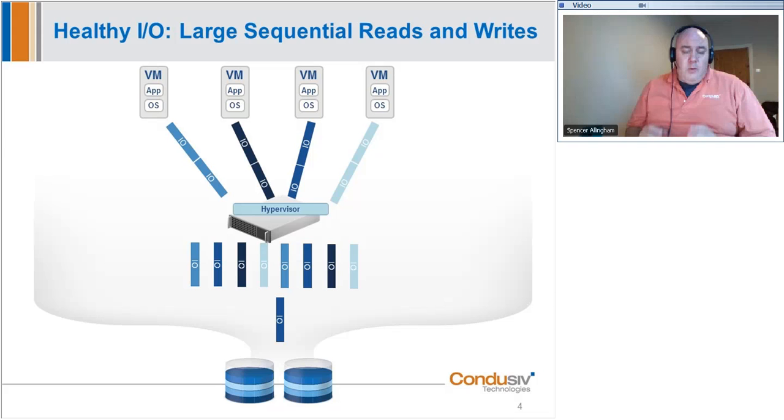Now, this is what it looks like when everything's working well, everything's being efficient. And by that, what I mean is you have the least number of storage I/O packets, each one carrying the most amount of data, so that when it arrives down here at the storage controller, it's arriving in nice large chunks at a time. And that gives the storage controller the opportunity to create nice large unbroken stripes across its media using the least number of storage level transactions.